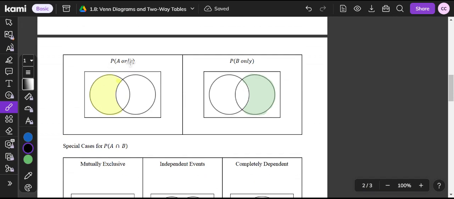For the probability of A only, you're going to take the probability of A, which is the whole circle, and you're going to subtract out just the part in the middle. So like that. And it's very similar for B. We're going to take the probability of B and subtract out the middle, and that'll tell us the probability of B only.